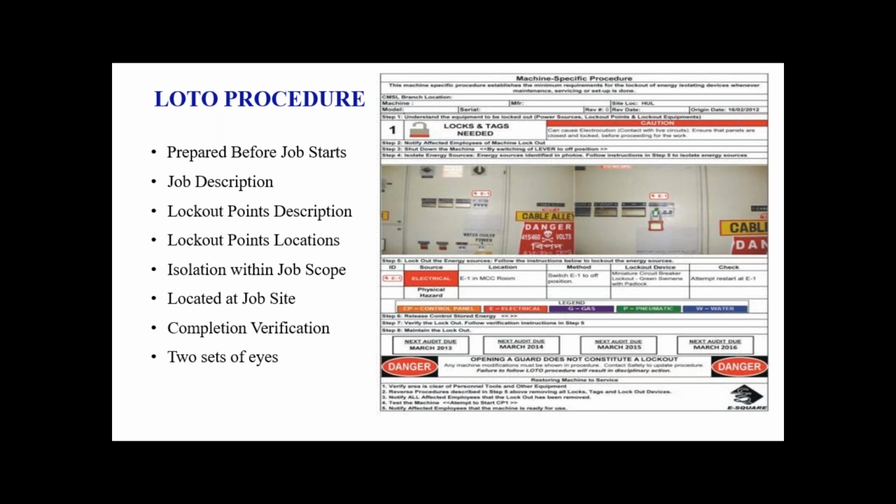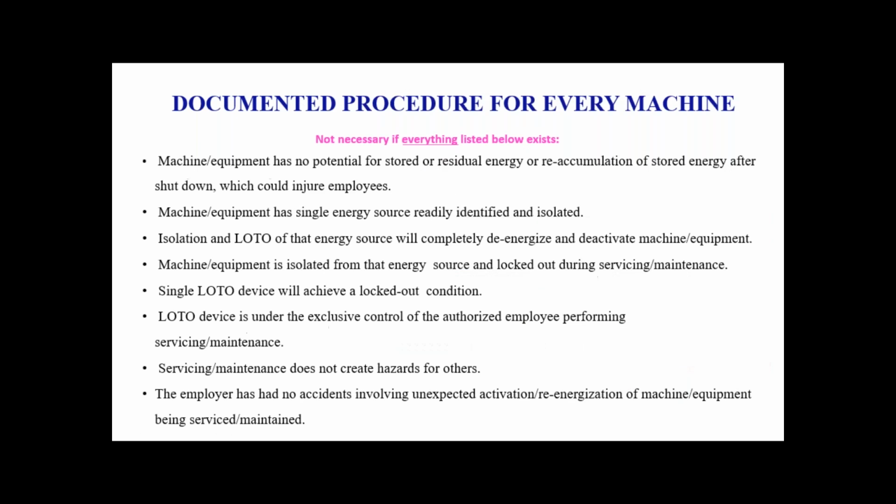So you have to identify your own LOTO procedures. You can prepare your specific procedure setup. You can prepare your own job sheet for these LOTO systems, and then we can follow all these procedures accordingly.